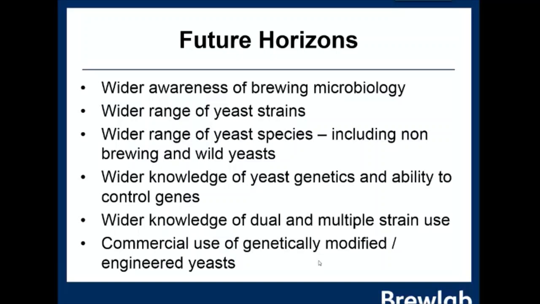So all of these will develop in the future, I'm sure, and maybe not so many years to come. It's a matter of looking out for them, becoming involved in them, or at least in the knowledge. And if we don't do it, other people will. So the brewing community will expand, will take on these technologies and apply them. It's something to look forward to, something to be aware of, and something to be conscious of, not so much the risks as its applications and how we can use those positively.